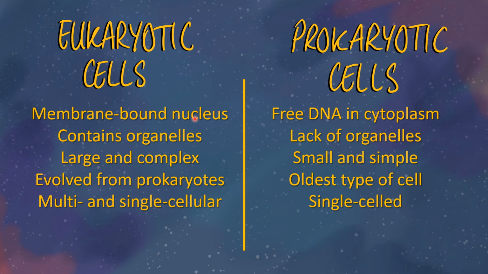So both plant cells and animal cells have a nucleus, therefore they are eukaryotic. So karyo means nucleus, pro means before, so prokaryotic cells existed before the nucleus existed. So that is the main difference between prokaryotic and eukaryotic cells. Eukaryotic cells have a nucleus, prokaryotic cells don't. So eukaryotic is plant and animal cells, prokaryotic is bacteria cells.